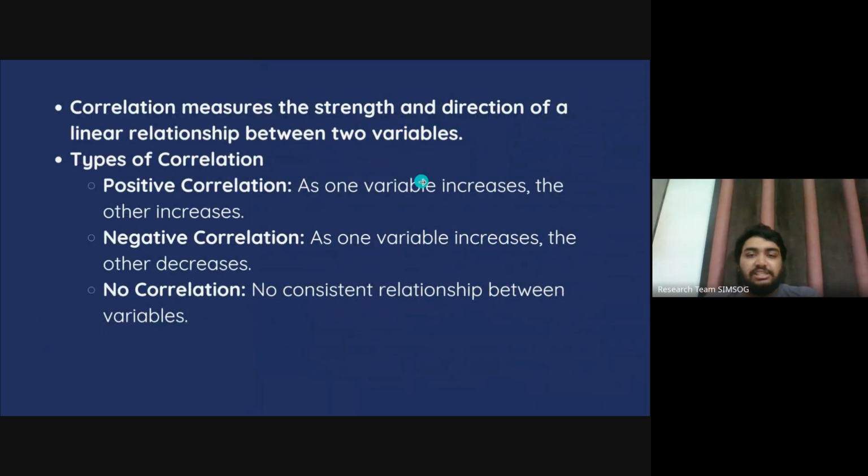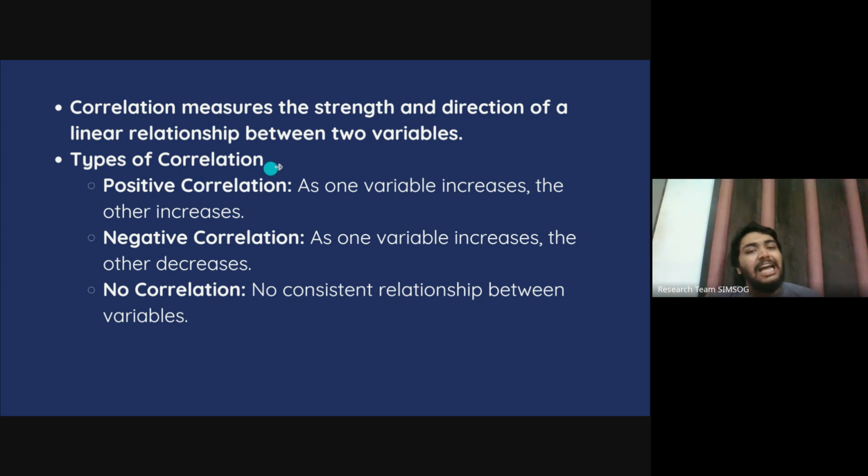So, what is correlation? Correlation analysis measures the strength and the direction of the linear relationship between two variables. Remember, strength and direction. Association will not tell you the strength properly, and it will not tell you the direction, for example, if one is increasing, the other decreases.